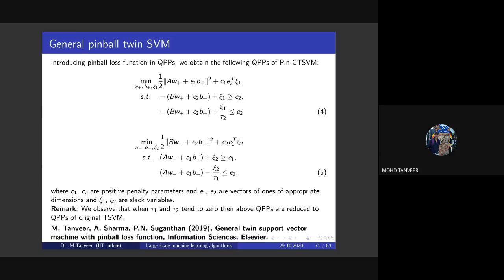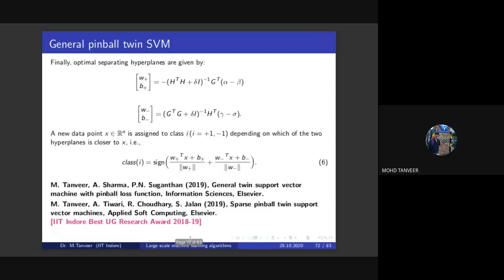So more properties, more advantages, more theoretical foundations are available in this paper. You can see the journal paper, Tune Support Vector Machine with Pinball Loss Function, 2019. And we can get this solution.